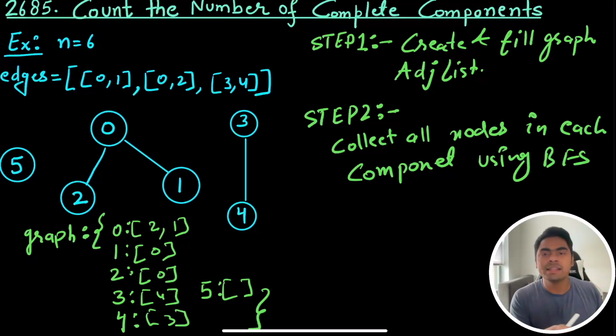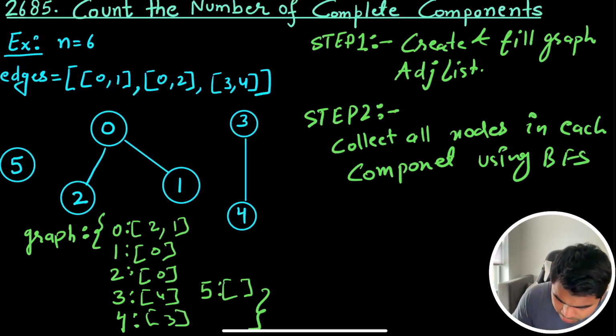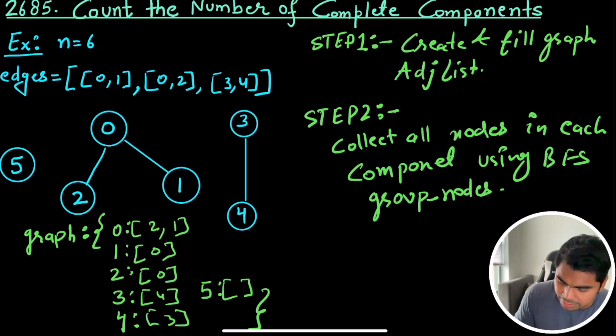Like it doesn't really matter in this case, because DFS is not doing any special thing for us. It's just visiting all the nodes of a connected component and just giving us all the values. So this will return us all the group of nodes in that connected component. This is how I'll write.